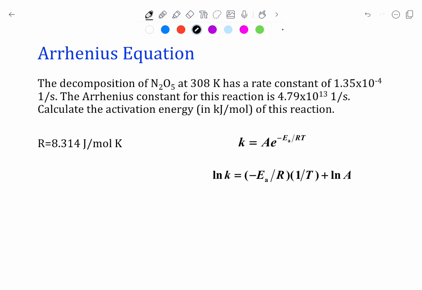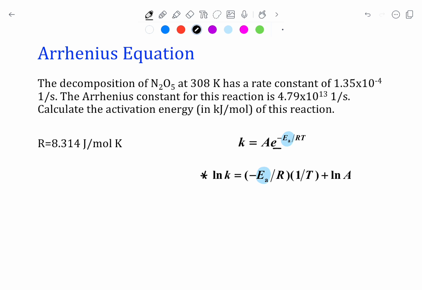You can utilize either of the two equations we have here to solve for the activation energy, EA. I personally think that using the second version of the equation is going to be easier because you're not having to worry about solving for an x that's in an exponential.